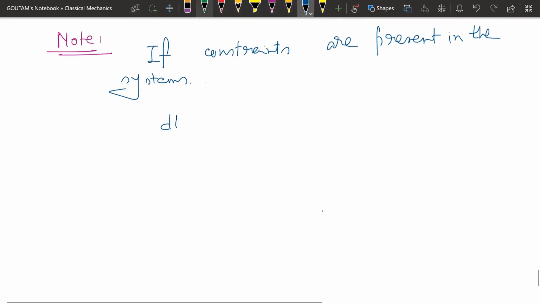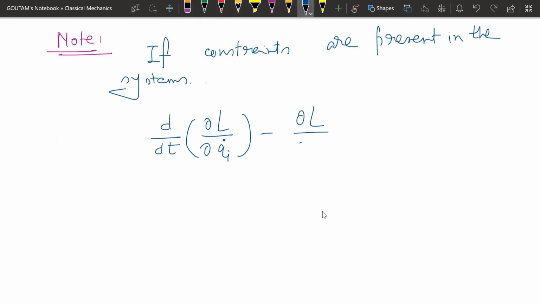d/dt of ∂L/∂q̇_i minus ∂L/∂q_i equals sum over α equal to 1 to m of λ_α ∂f_α/∂q_i.